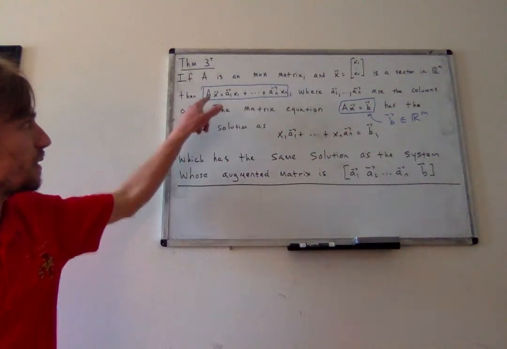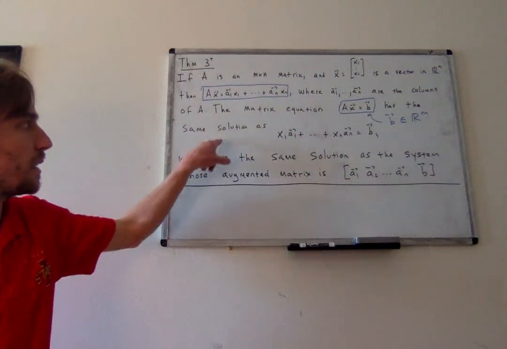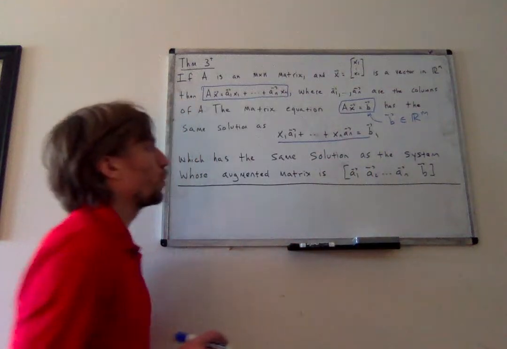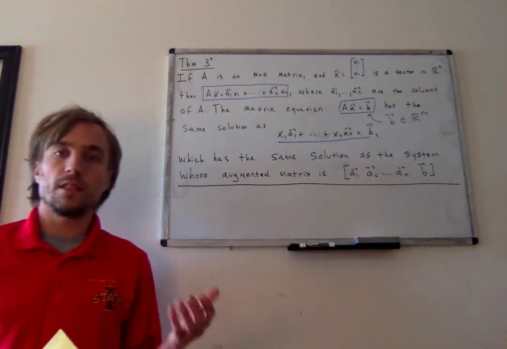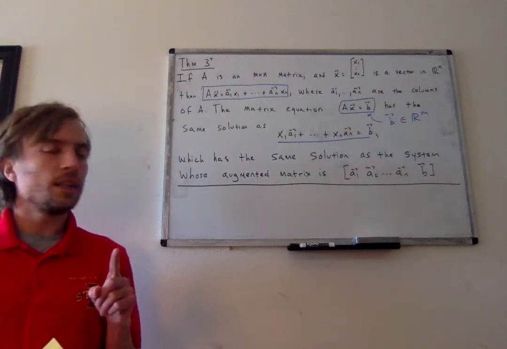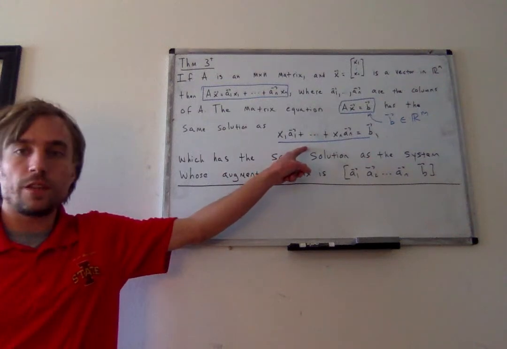Since I have this equality here, this matrix equation has the same solution as this vector equation. Remember, we had introduced this way of looking at a system of equations in section 1.3.